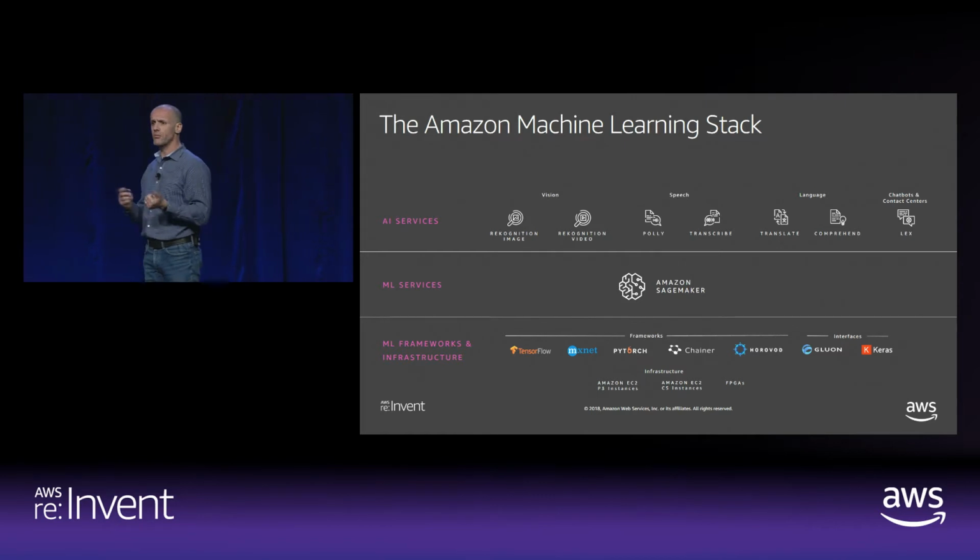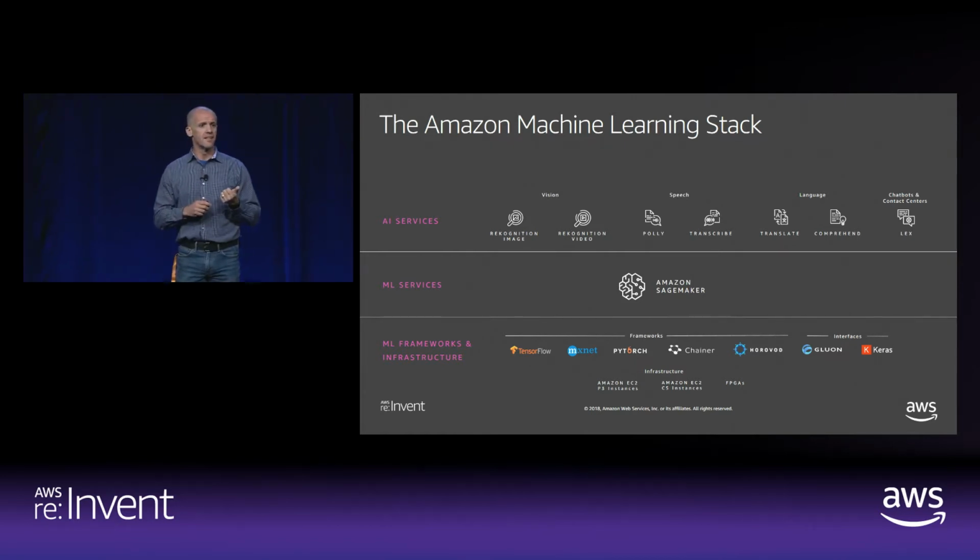We have Translate and Comprehend that allow translation between languages and understanding the semantics of what is being written. And we have systems like Lex that allow chatbots and conversational interfaces to be built. Again, this is all without any understanding of machine learning. This is for those developers that have these particular needs.